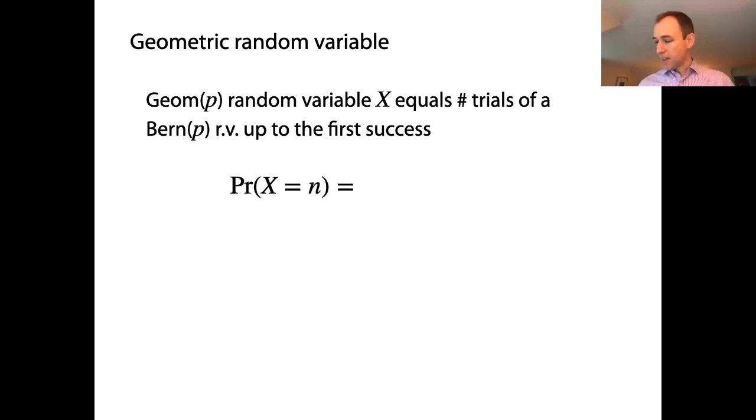So if we have a geometric P random variable and we want to ask this simple question, which is what's the probability that the geometric P random variable equals n, right? So let's say it's a fair coin. I want to know what's the probability that it takes me 3 attempts before I throw heads, right? That kind of question. Well, then we can write down that probability.